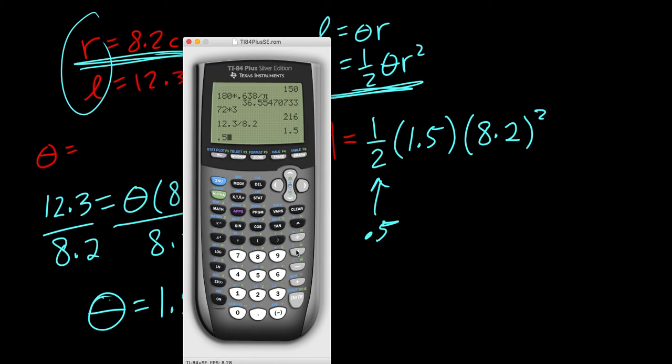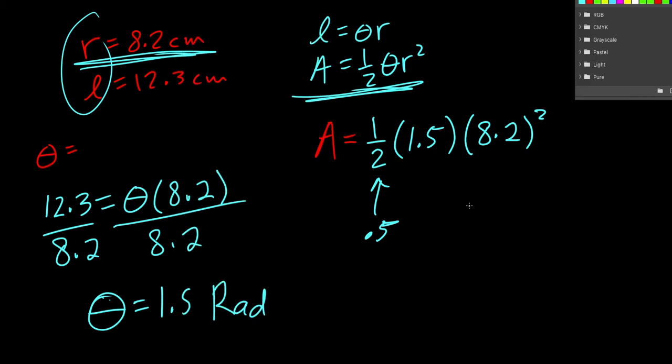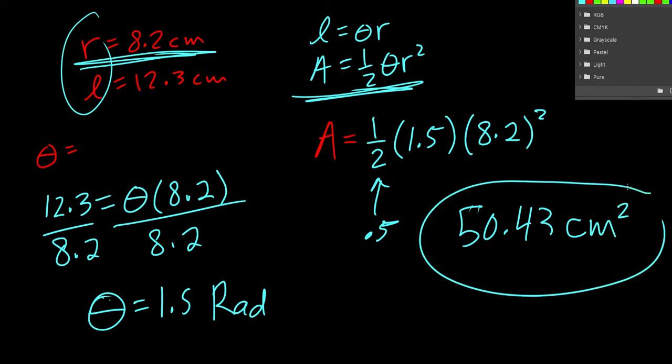So 0.5 times 1.5 times 8.2 squared. And that looks good. Then I get 50.43. Now, since this is an exact answer, I wasn't rounding, it's okay to put down an exact answer. You don't need to round to 3 significant figures if you can write down an exact answer.